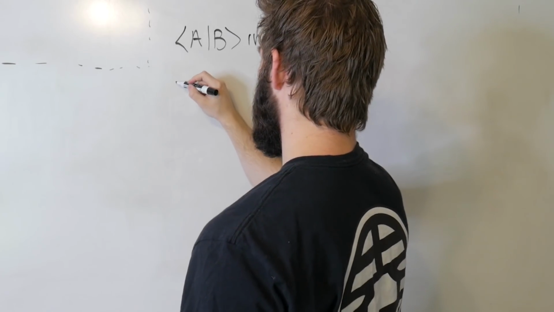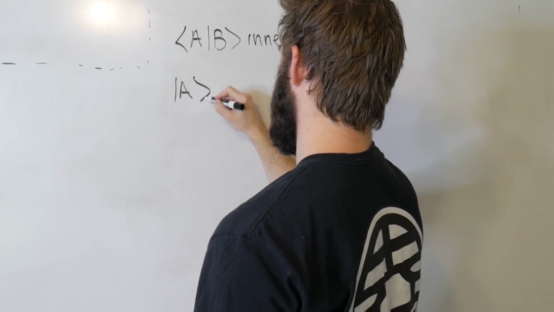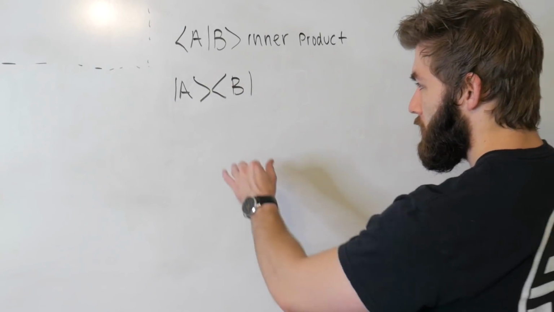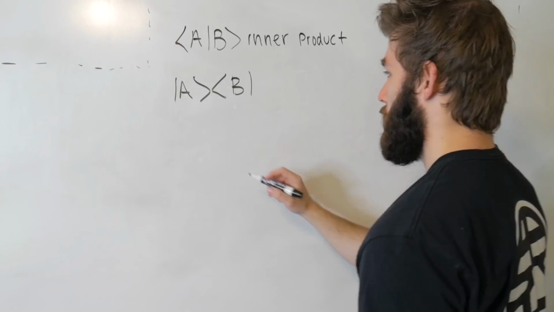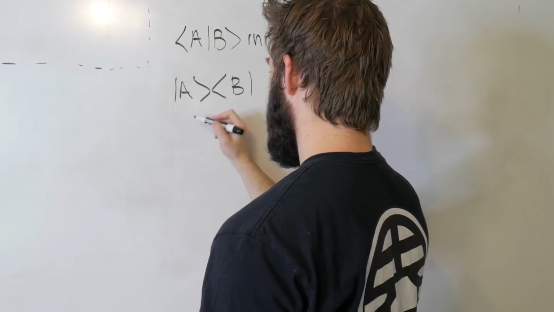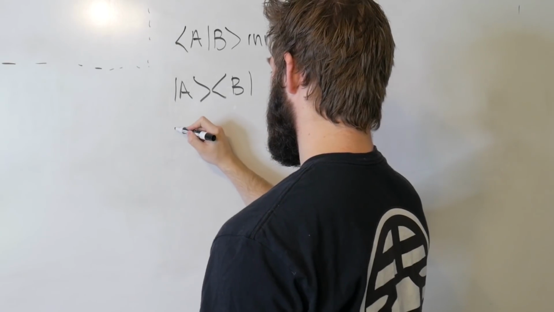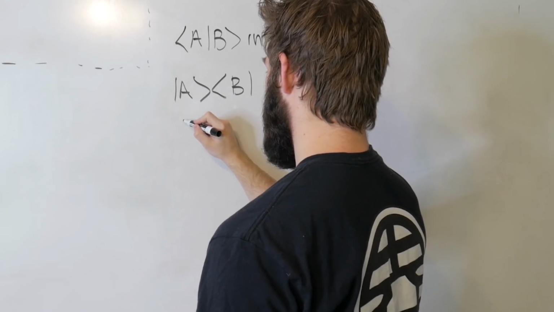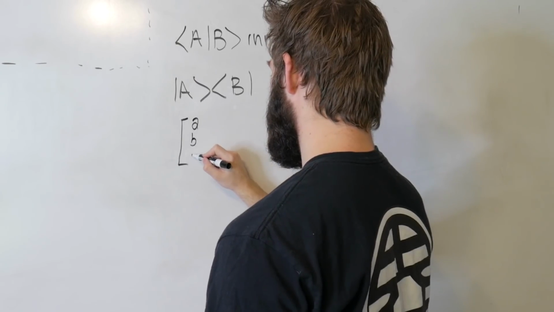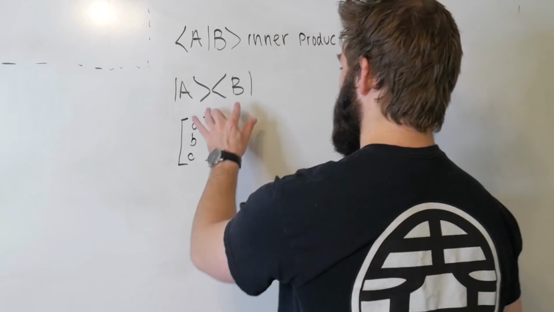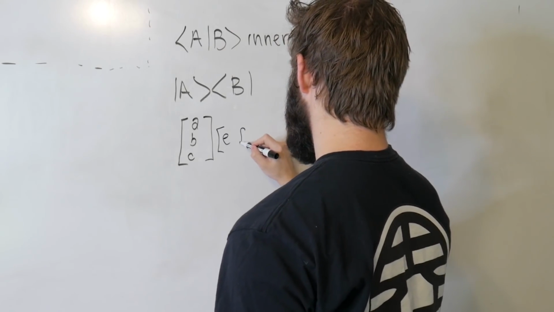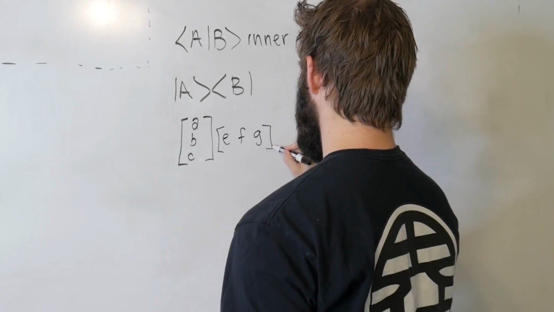The outer product is going to look something like this, A, B. So if we take these to be the same column and row vectors that we had before, A is a ket, so this is a column vector with its components A, B, and C still. And now B is a row vector, E, F, G.